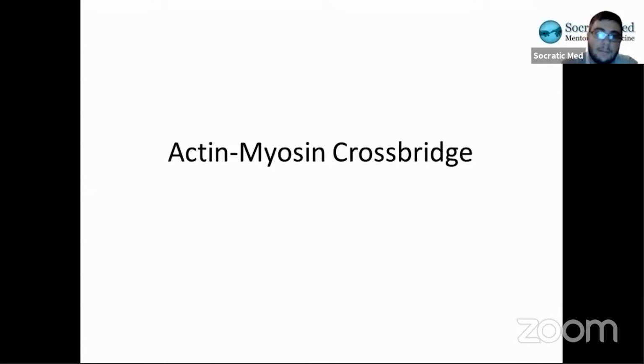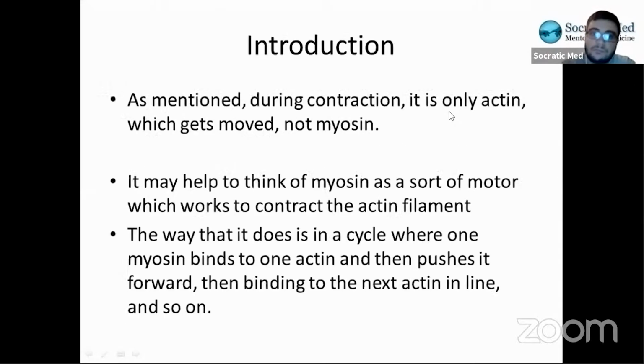Okay, so we talked about the actual sarcomere. Now let's talk about the actual contraction. How do muscles contract? That's by the actin-myosin cross bridge. As we mentioned, during contraction it is only actin which gets moved, not myosin.